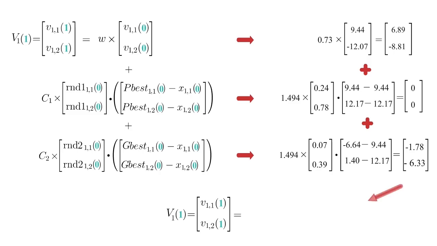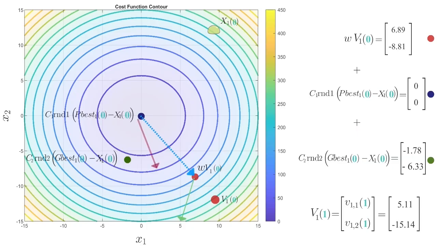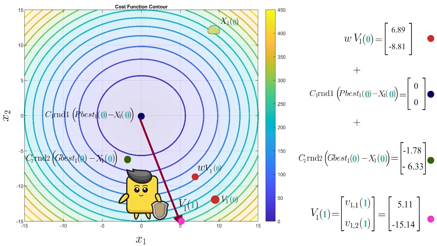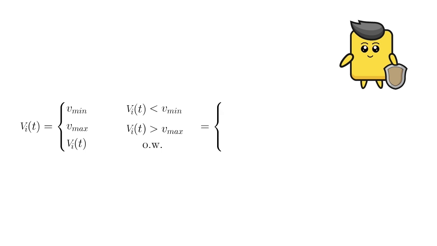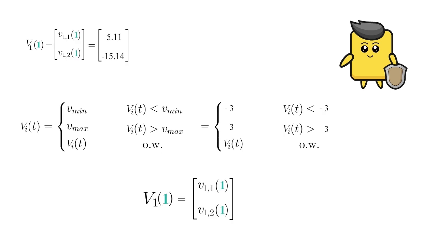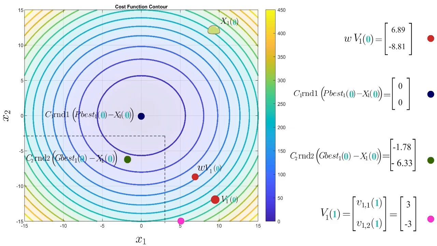In this way, the new velocity value is represented here. Oh, wait. There's a problem here. This value is not within the allowed range. The allowed velocity range is between -3 and 3, so it needs to be adjusted. Okay, now the new velocity value will be shown here.